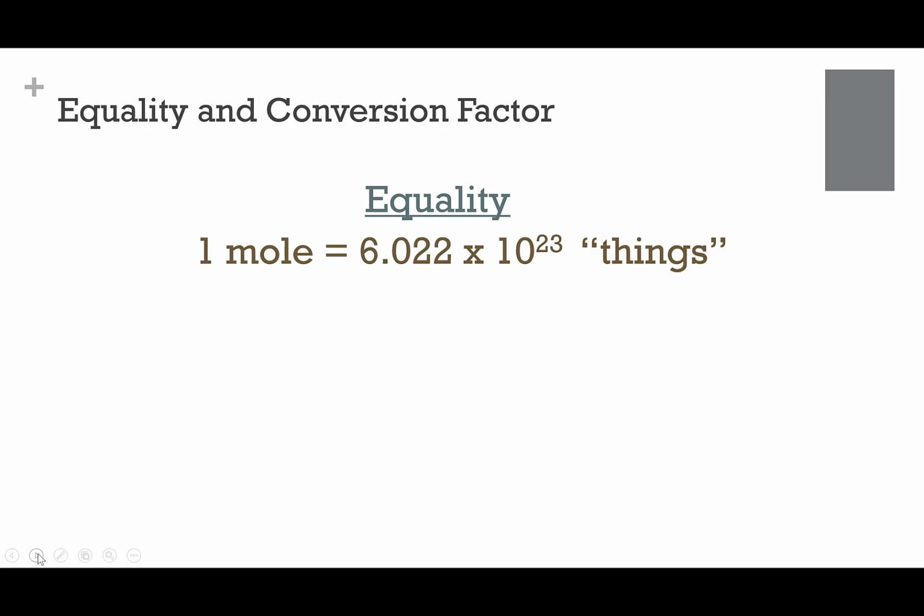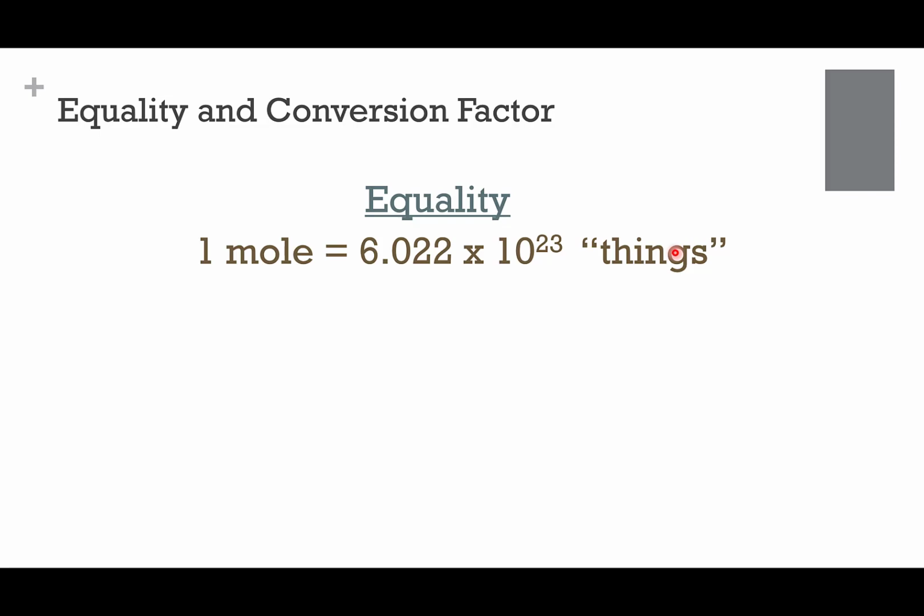The one wrinkle or new thing about this equality is the unit on the 6.022 isn't a permanent unit, right? So before we had inches to centimeters or kilometers to miles, and those were always the same. Here, our unit can change. It just depends on the problem.